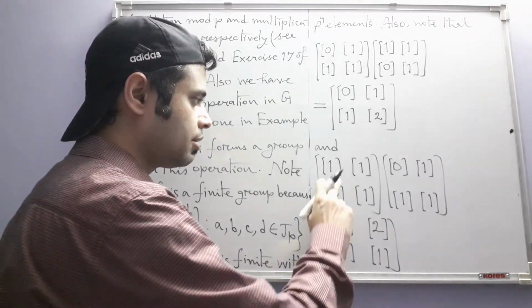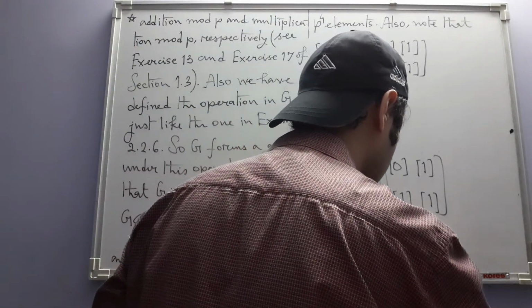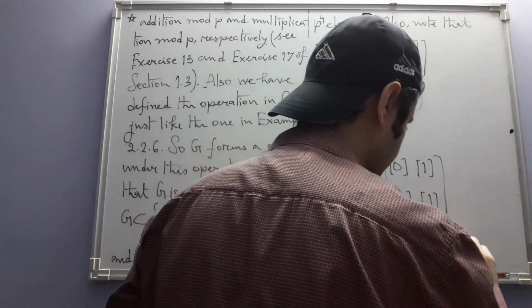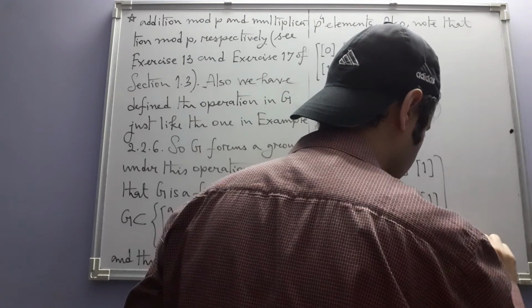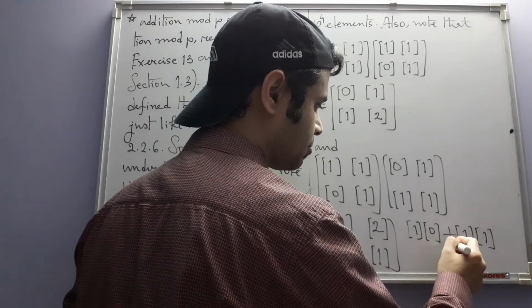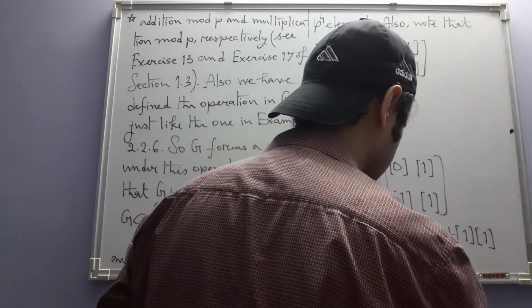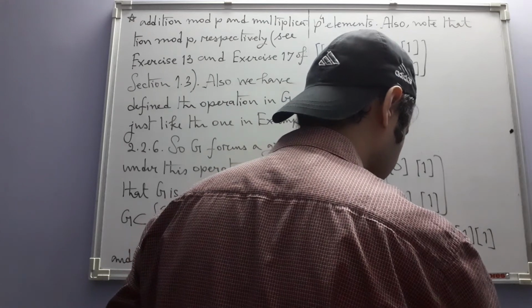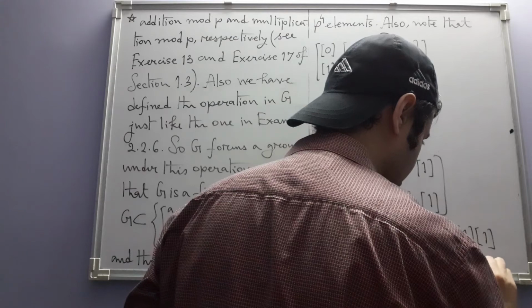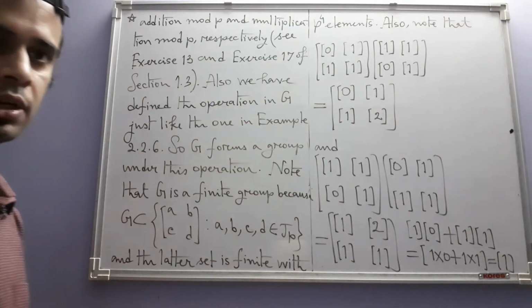So for example, the first row, first column element here is 1 times 0 plus 1 times 1, where this is addition modulo P and these two are multiplication modulo P. According to their definition, I get 1 times 0 plus 1 times 1, so that gives me 1. So that's how we are calculating.